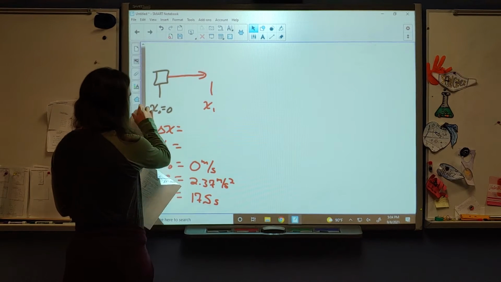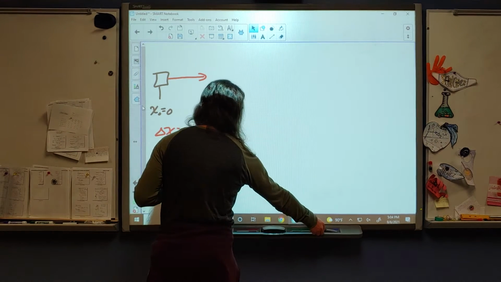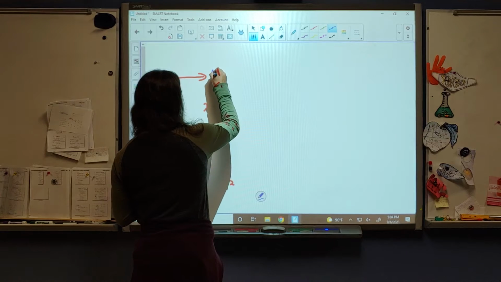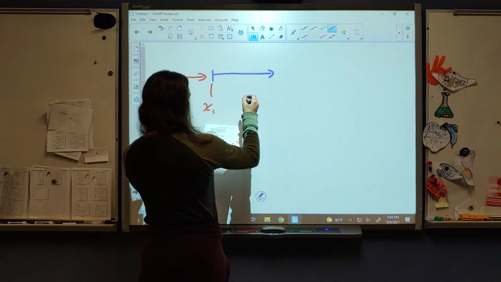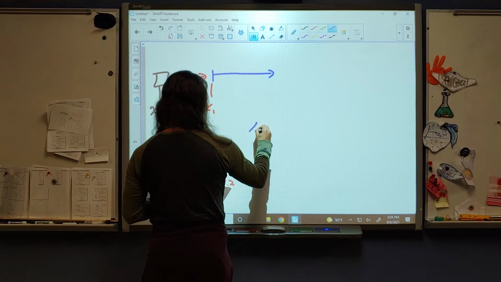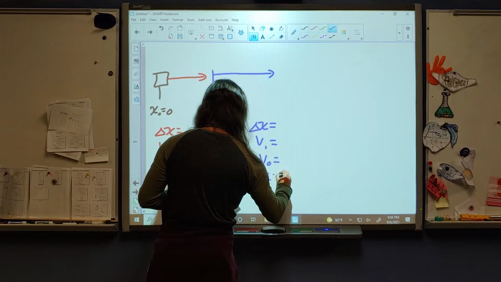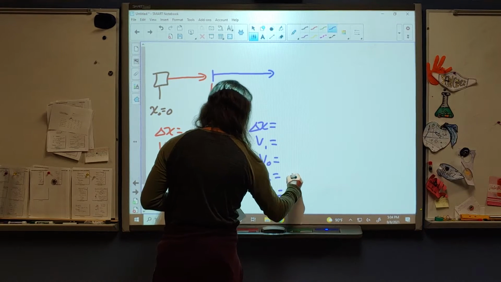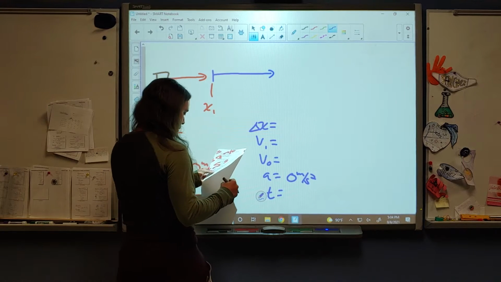Then, after that, they go at a constant velocity. We'll go ahead and do this with blue. They're moving forward, constant velocity of, let's see, delta x, v final, v initial, acceleration, and time. They told us it's a constant velocity, so we've got 0 meters per second squared for our acceleration.